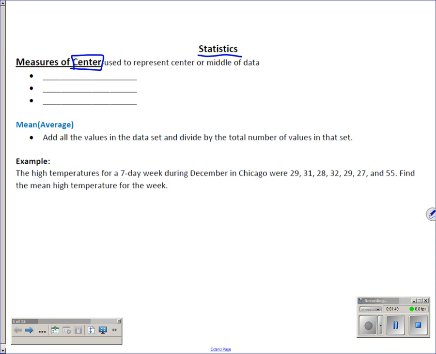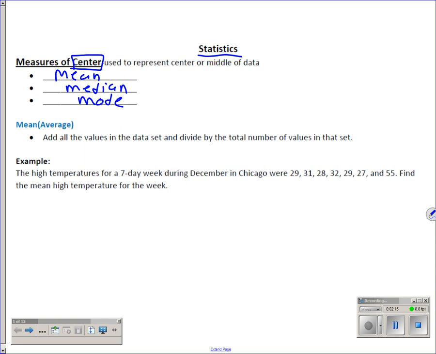There's 3 ways that we can give a description of the center, and they are 3 very common things that y'all have seen probably since like middle school. So I want to go through these kind of quick, but mean, median, mode. Okay, you might not have realized it when you're doing it in the past, but these 3 things describe the center of your data. Those numbers tend to describe its central tendency. Okay, what the numbers revolve around.